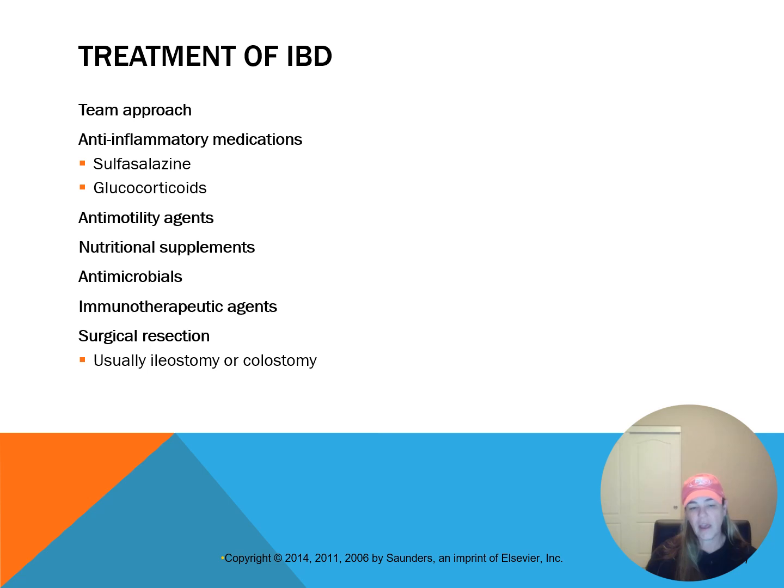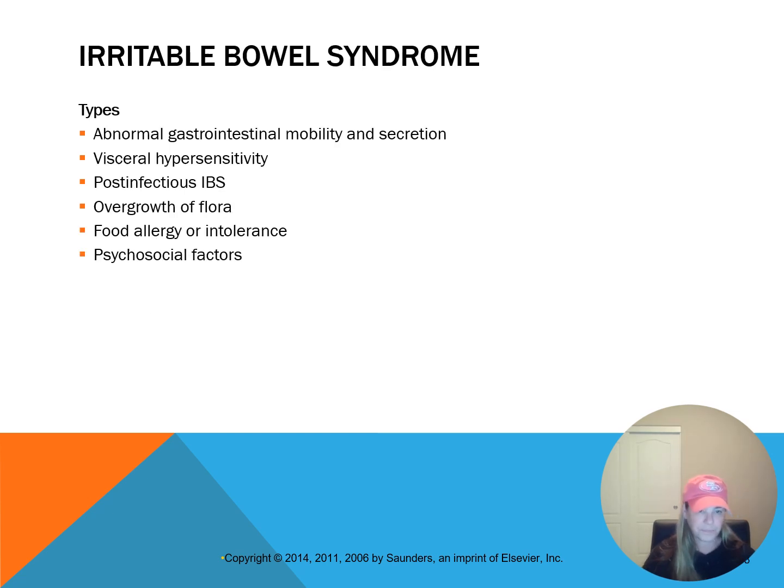If they really have necrotic or non-viable tissue, they will go in and do a resection and sometimes create an ileostomy or colostomy, which is a diversion of the intestines to the stomach area if the rest of the intestine is not functional. This way you can still eliminate, but bypass the lower part of your intestine.